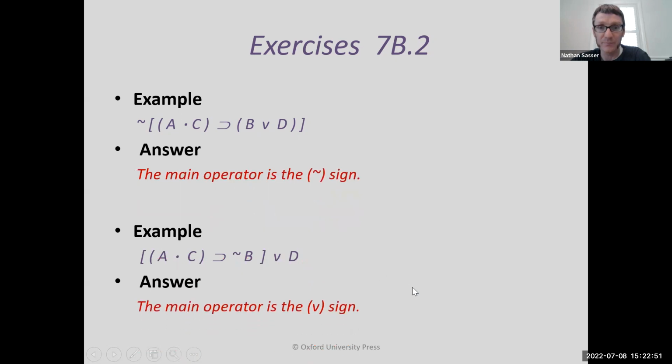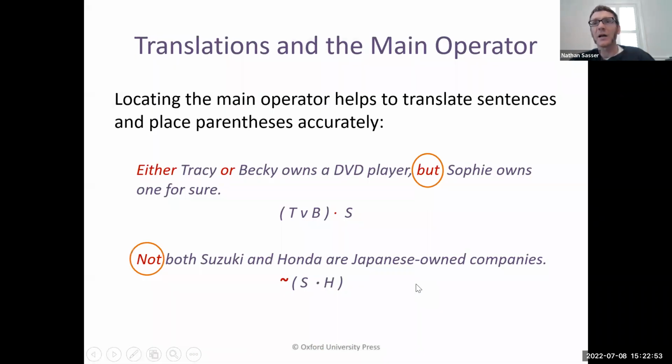Boom, boom. Now, the main operator can help us to clarify our translations. So take, for example, an English sentence like this. Either Tracy or Becky owns a DVD player, but Sophie owns one for sure.